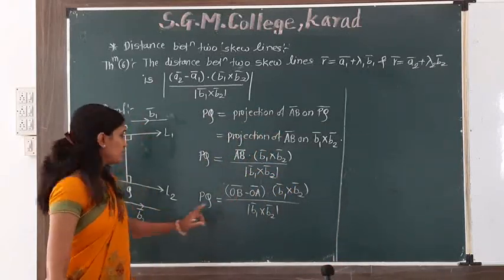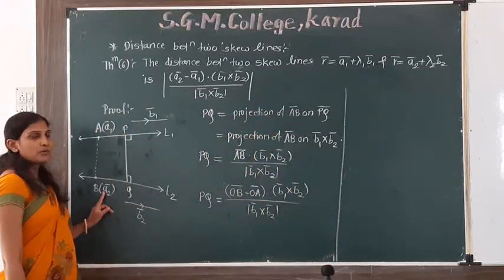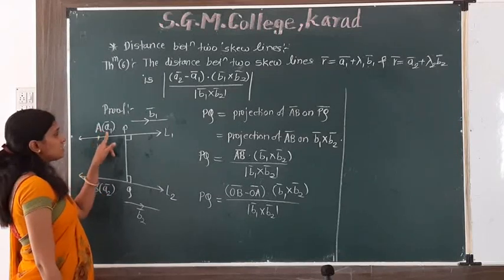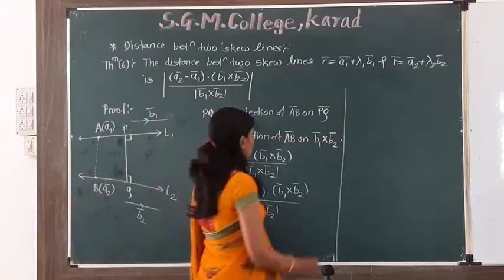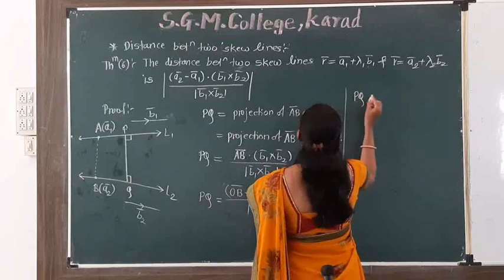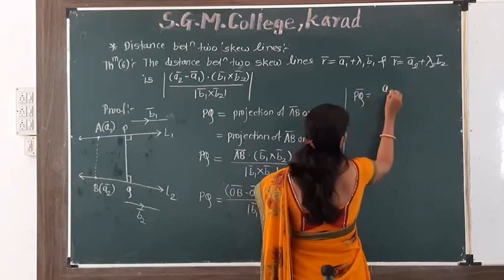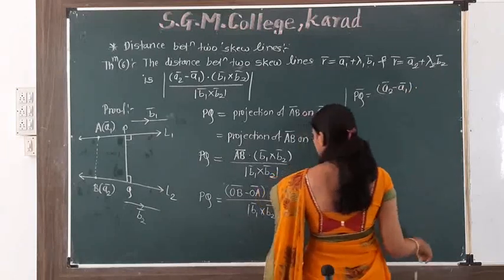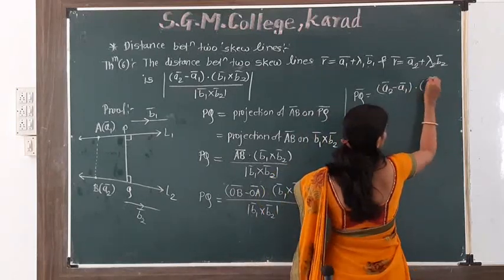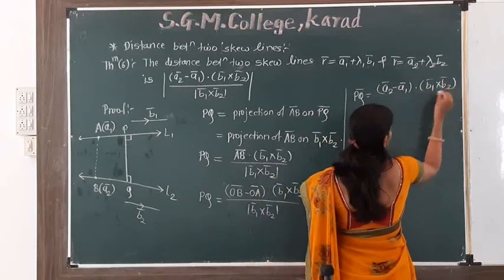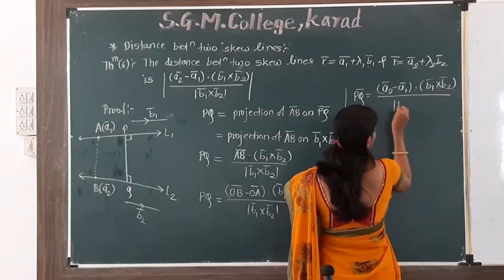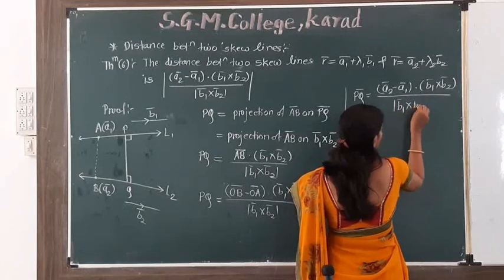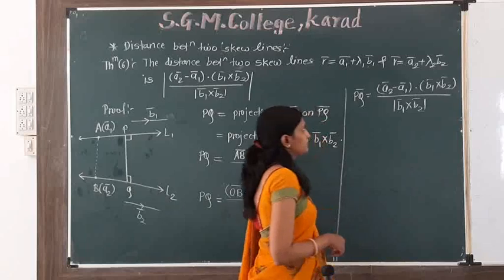OB bar means A2 bar, OA bar means A1 bar. So PQ is equal to A2 bar minus A1 bar dot B1 bar cross B2 bar divided by the magnitude of B1 bar cross B2 bar.